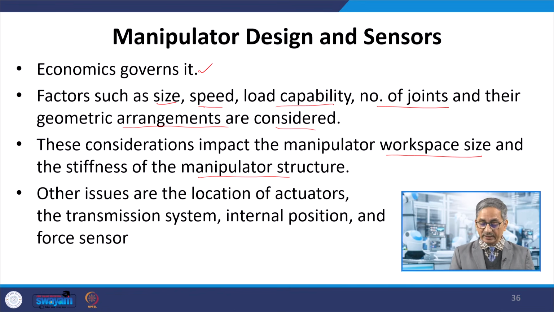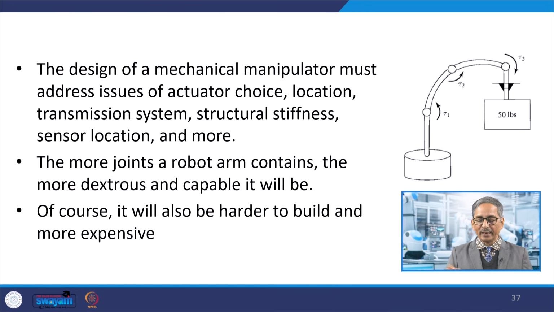Other issues are where we need to locate our actuators, where we need to have the transmission systems for transmitting power from the actuators to the joints, and the internal position and force sensors. So, the design of a mechanical manipulator must address issues such as the choice of actuator, the location of actuator, the transmission system, structural stiffness, sensor location and more.